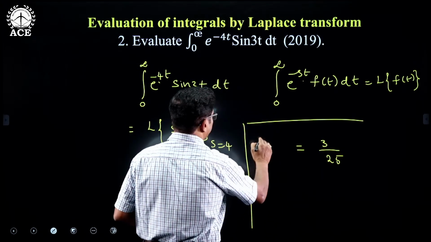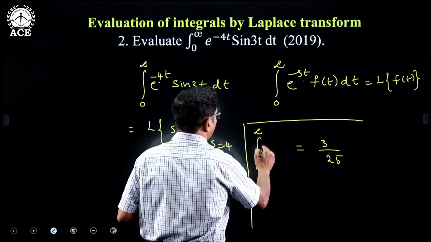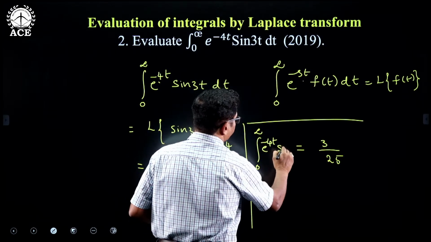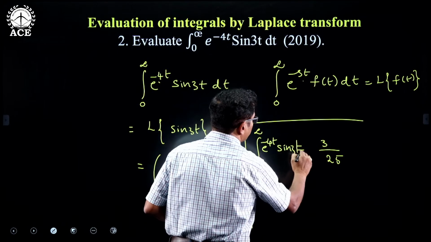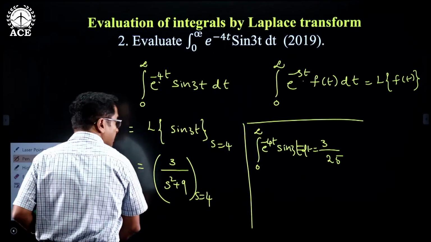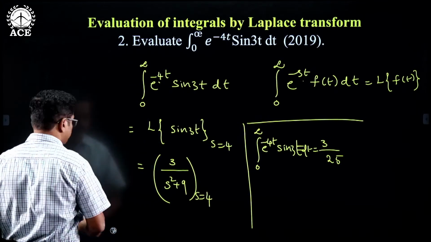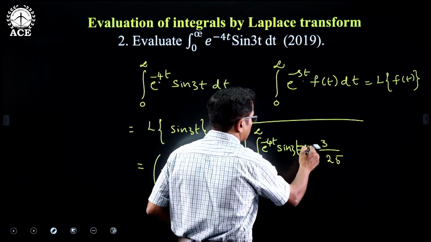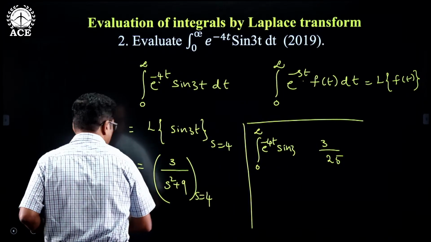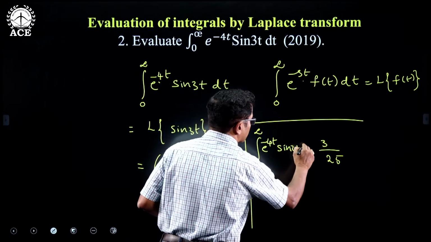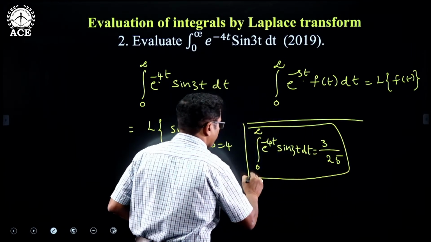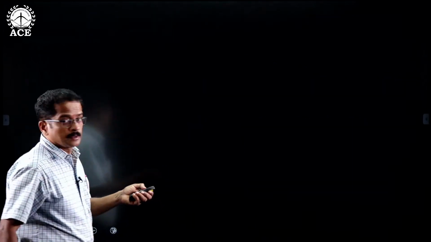So the integration from 0 to infinity of e power minus 4t sin 3t dt is equal to 3 by 25. Okay.